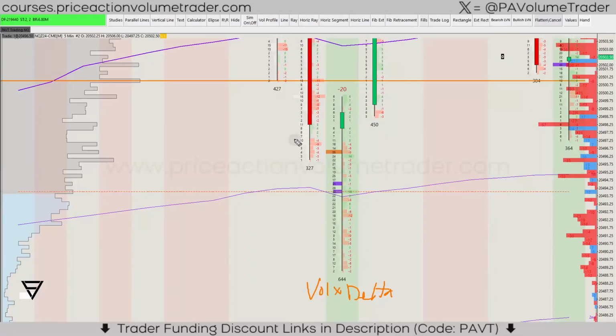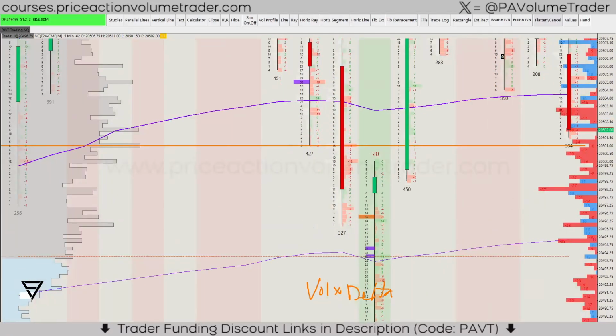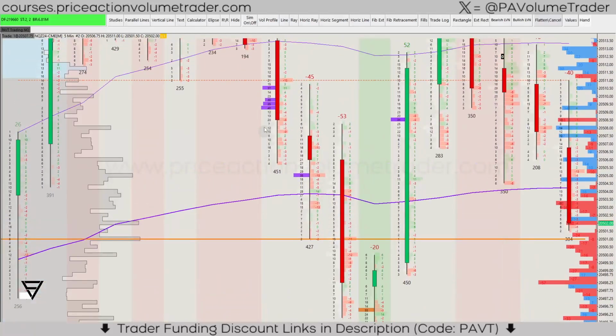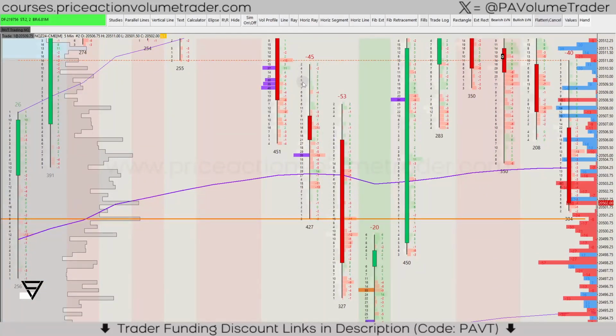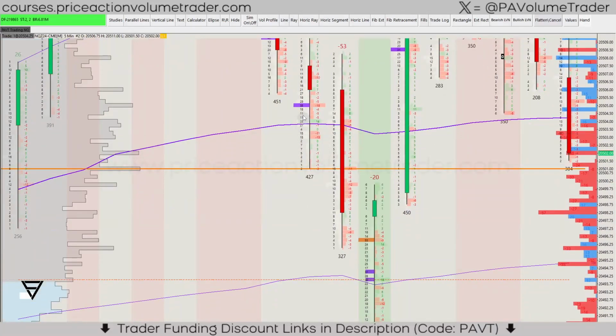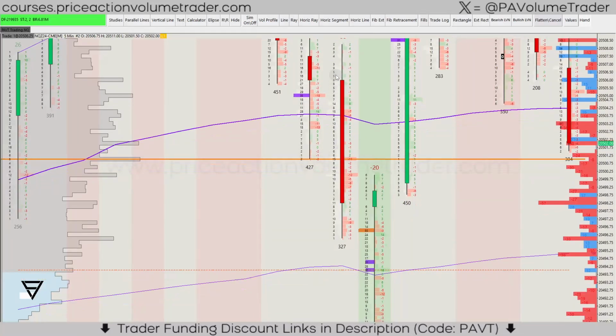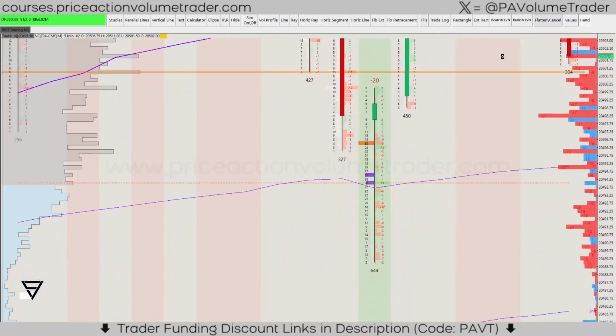Like I said, the volumes are not huge, but if you compare them to other candles, you can see on average we have 5, 9, 7, some like 11s here. There's a couple of higher ones, but overall just 10 or lower is the average of the volumes at each tick level. And yet on this candle, we had 55 right here, which is the highest up to this point in the session, then 31, 28, 30.